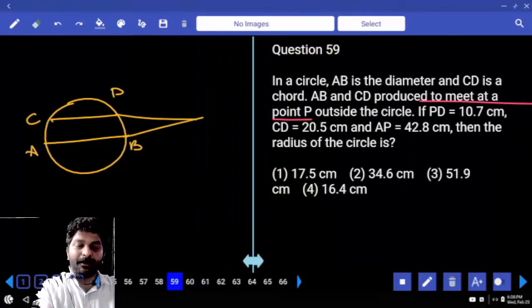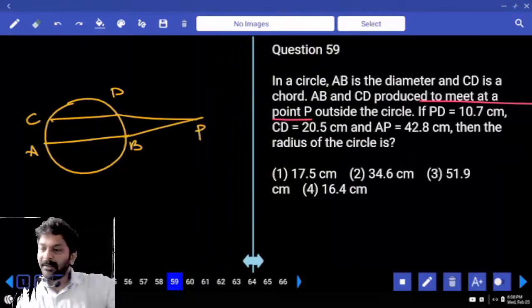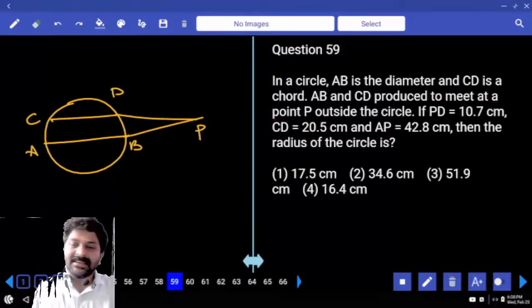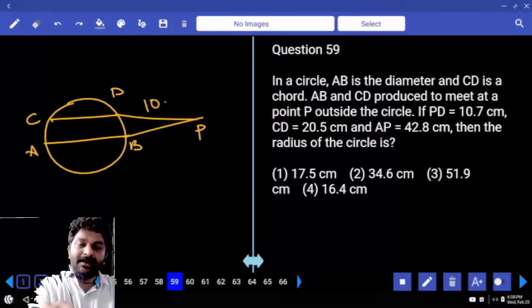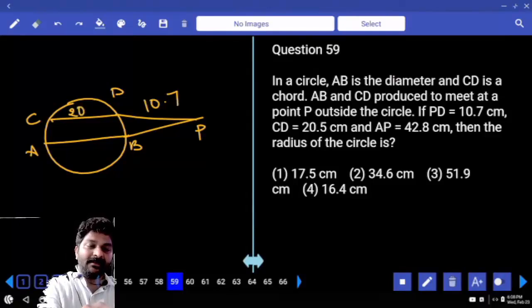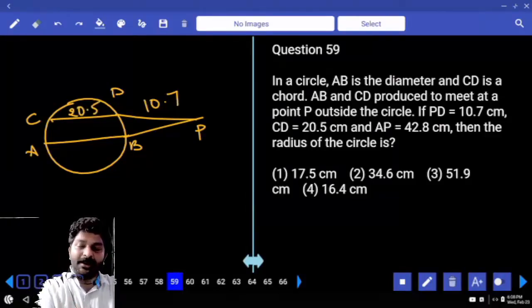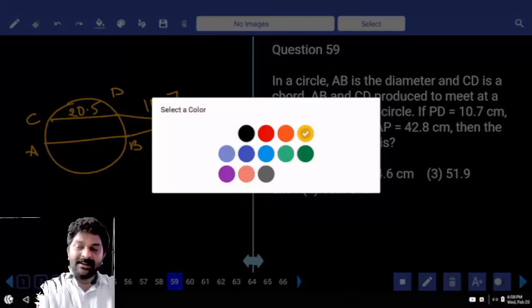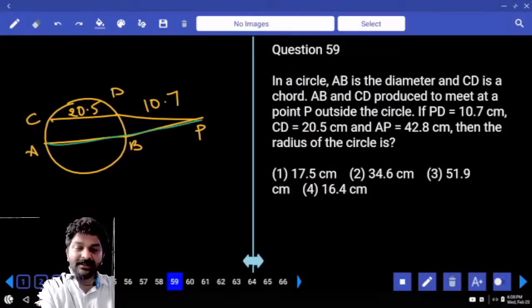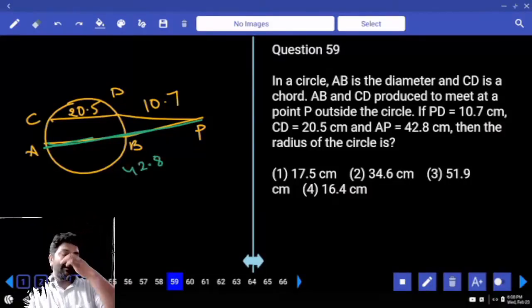And they both meet at a point P. PD is equal to 10.7, CD is equal to 20.5. Next, AP is equal to 42.8, so the entire line itself is 42.8. Then the radius of the circle is?